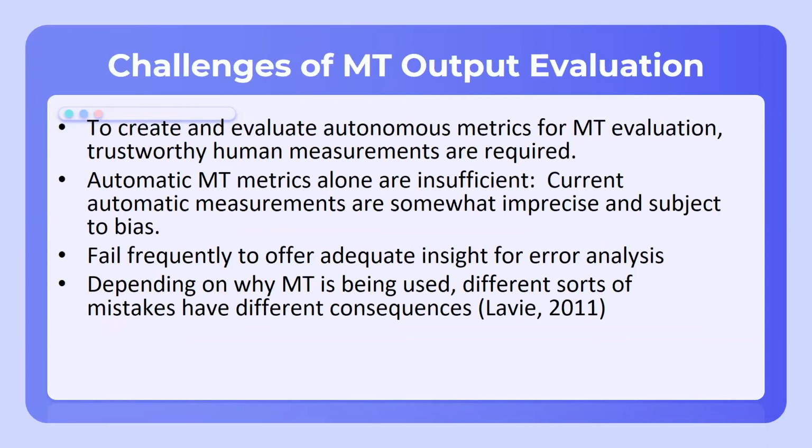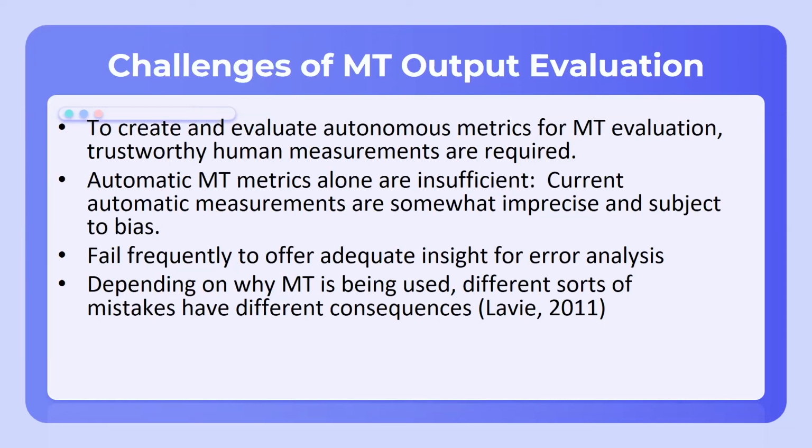So the challenges of machine translation output, combining human assessment and automatic assessment metrics, is to create and evaluate autonomous metrics for machine translation evaluation. Trustworthy human measurements are required. We need to find human measurements in this regard. Automatic machine translation metrics alone are not sufficient.